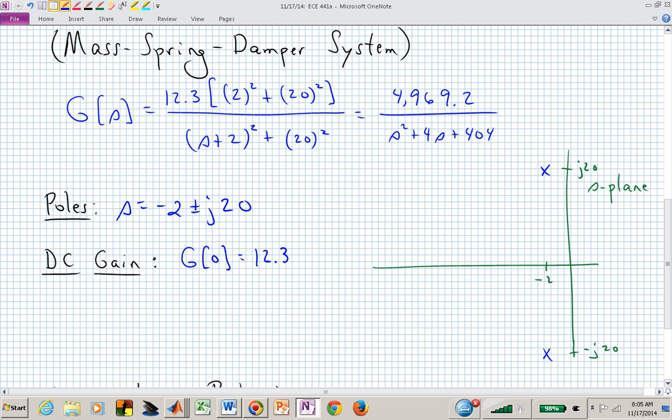That's our system, and that's the system that we will play with today to illustrate some of these design concepts. If somebody asks you to sketch the root locus for that system, now you're just applying a gain, k, and adjusting that gain k from 0 to infinity. What does the root locus of that system look like?